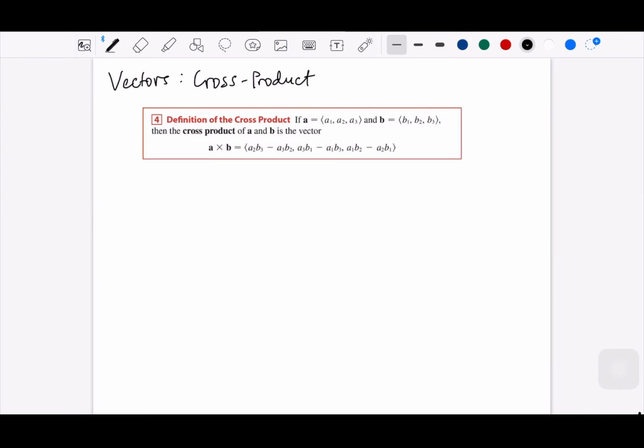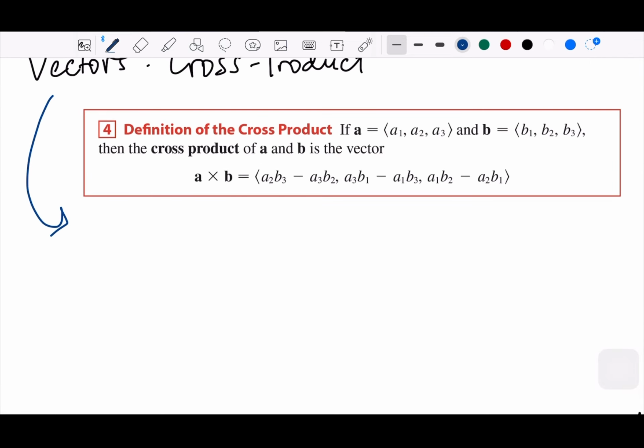Okay, let's continue. This section is about the cross product. What is the cross product? Where does it come from, and how do we define it? Before we go into what the cross product actually is, it's another type of multiplication for vectors.